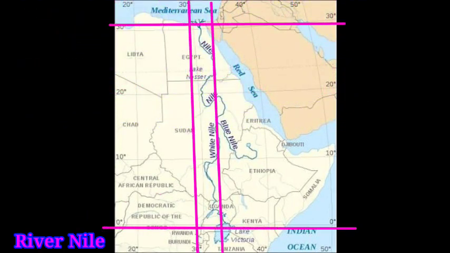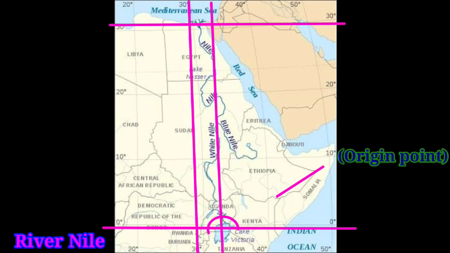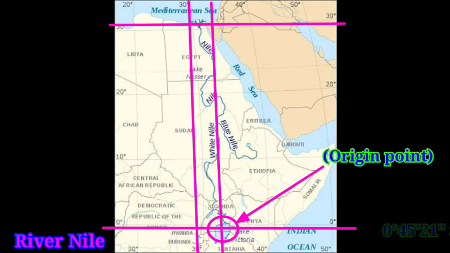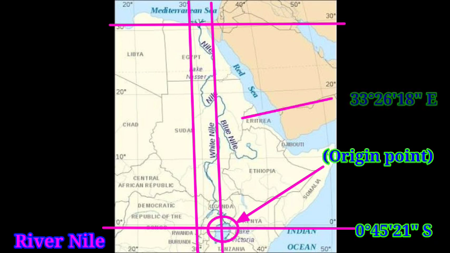So in this figure you can see the two terminal points of river Nile. First one is Lake Victoria, which is the origin point of river Nile, and the location of Lake Victoria is 0 degree 45 minutes and 21 seconds south latitude and 33 degree 26 minute 18 second east longitude.